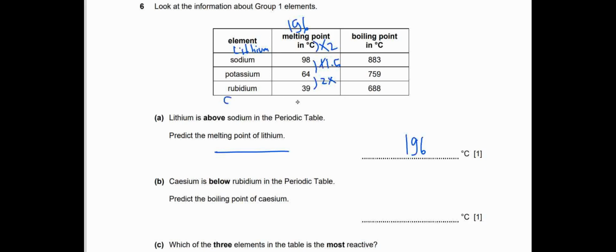Cesium is below rubidium in the periodic table. Cesium is here, and then predict the boiling point. Boiling point, you can see that it's decreasing. Let's check the pattern. So we see that here is decreasing by around 120.